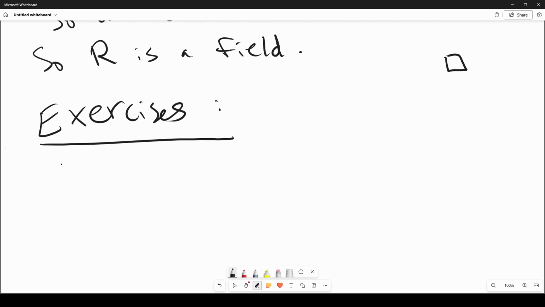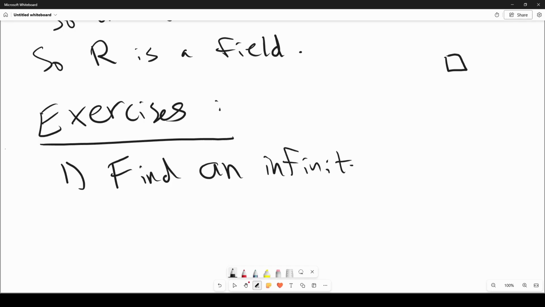Okay. First exercise. Find an infinite ring which is not an integral domain.